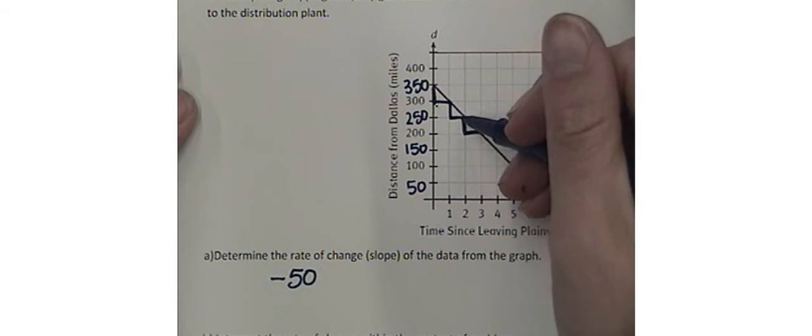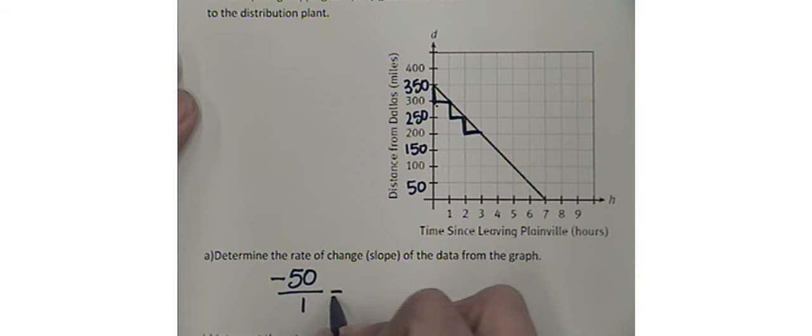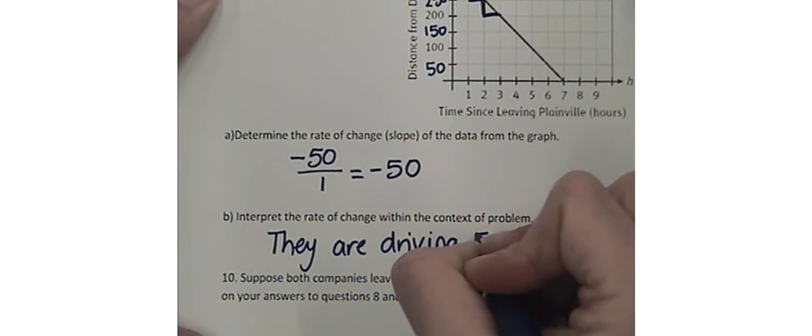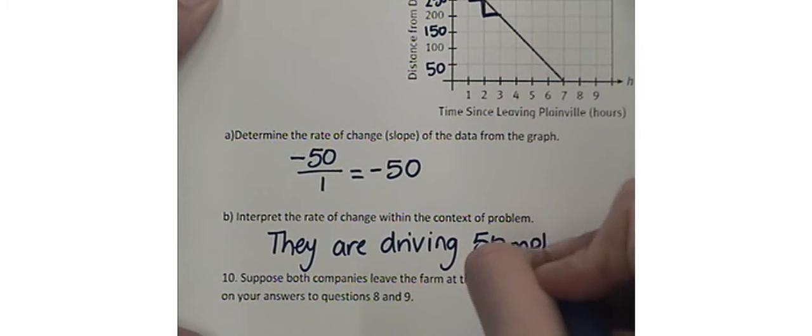From 1 to 2, that's 1. So my slope here is a negative 50. So that means that they are driving 50 miles per hour.